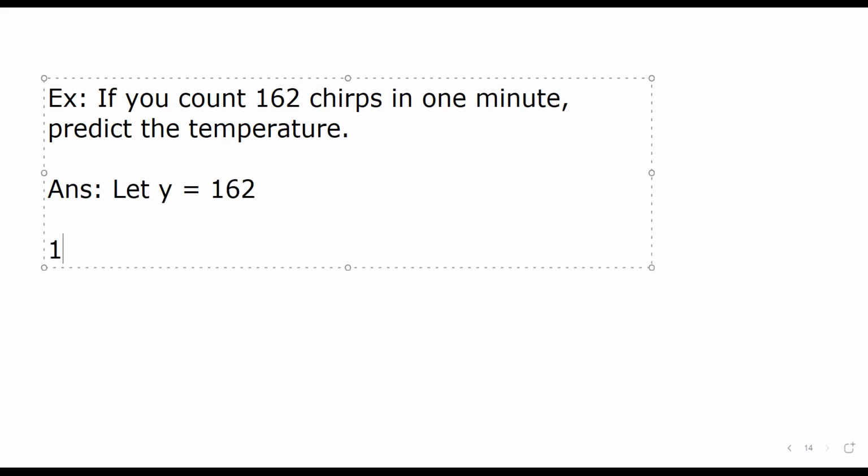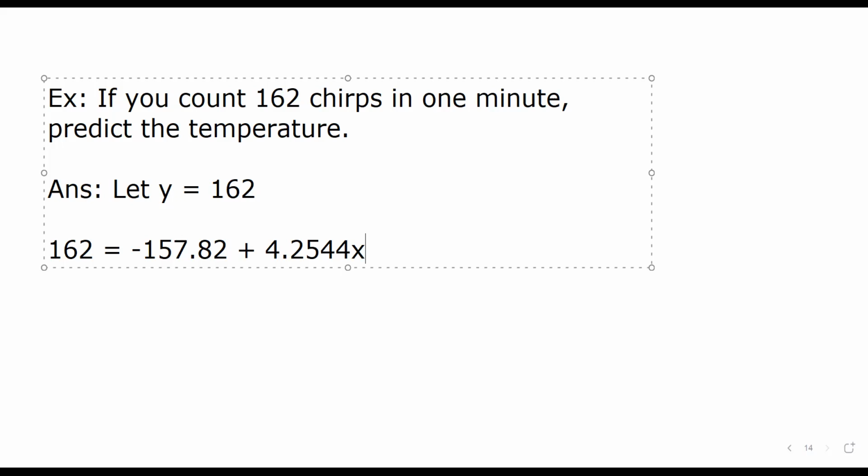And if we do, we get 162 equals negative 157.82 plus 4.2544x. And now it's a little bit more algebra and not as much arithmetic. The previous example was arithmetic because we just did number math and got a number answer.